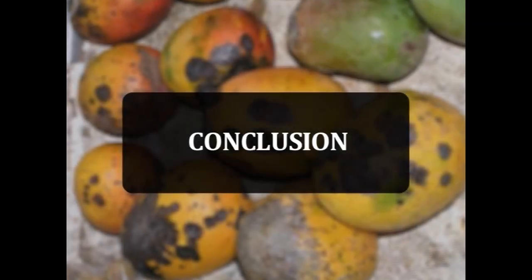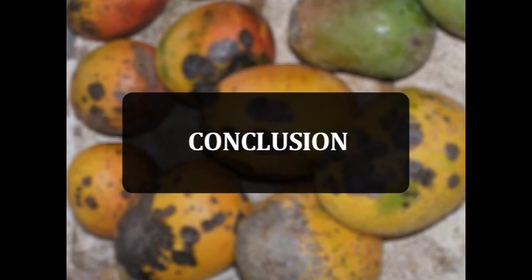Now coming to the conclusion of the topic. Mango is affected by many diseases like powdery mildew, floral blight, anthracnose, bacterial canker, gummosis, sooty mold, red rust, and also a physiological disorder such as black tip.